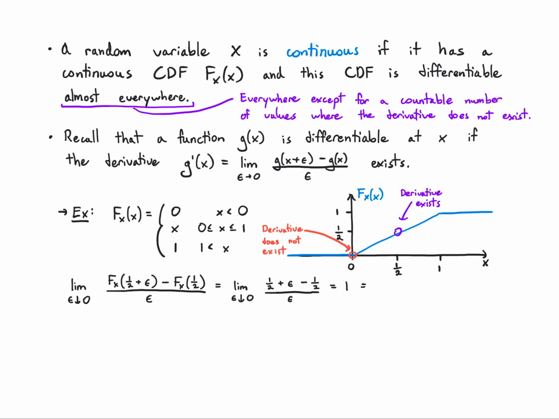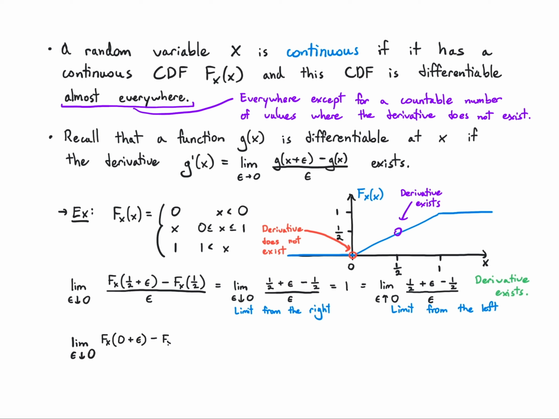Okay, what about the limit from the left? I can also approach from the left. I'm going to get the same thing, right? And that makes sense. So the limit from the right and from the left are equal, and therefore we say the derivative exists. When does it not exist? It's at this red point. If I go down at this red point and I start from the right, I'm coming from slope 1.